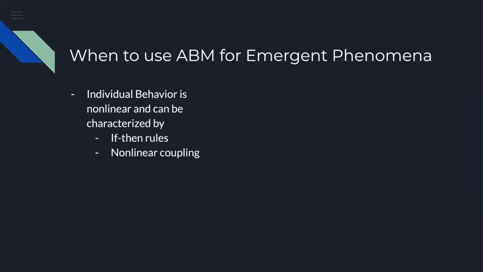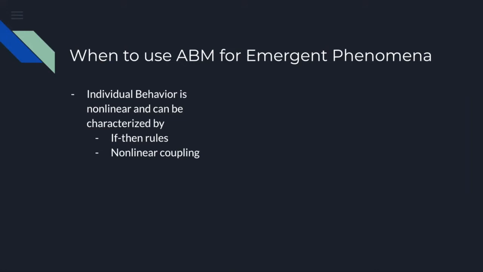So nonlinear coupling is the idea that interactions between individuals, and also the individual behavior, are nonlinear. And that's harder, and a byproduct of that is that it's hard to predict through equation-based modeling. And it's not as reproducible.